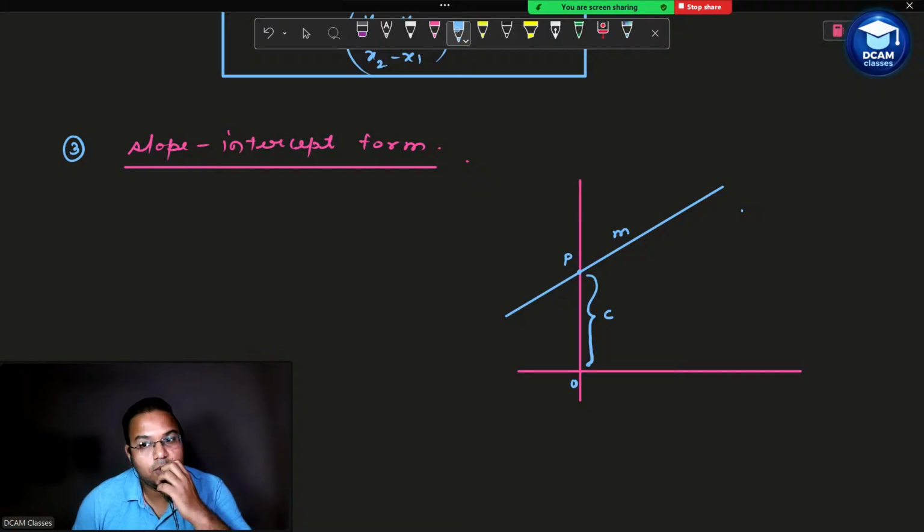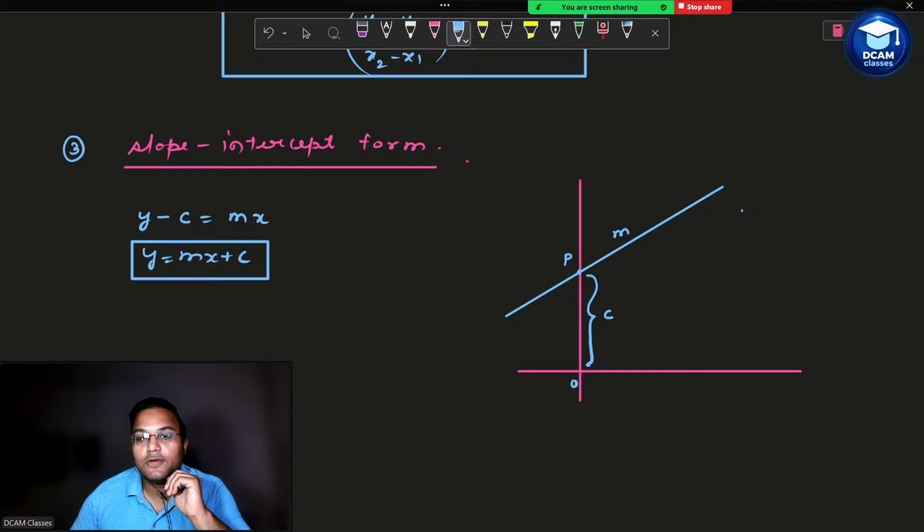Sir, I think the answer is y minus p is equal to xm. Y minus P? No, P is just the point. The distance is C. Okay. You mean y minus C is equal to xm? Yes, sir. Correct. So y is equal to mx plus c. Let's wait for Venkatesh.